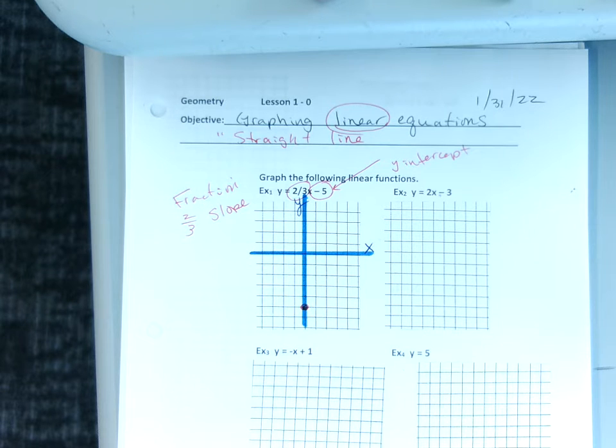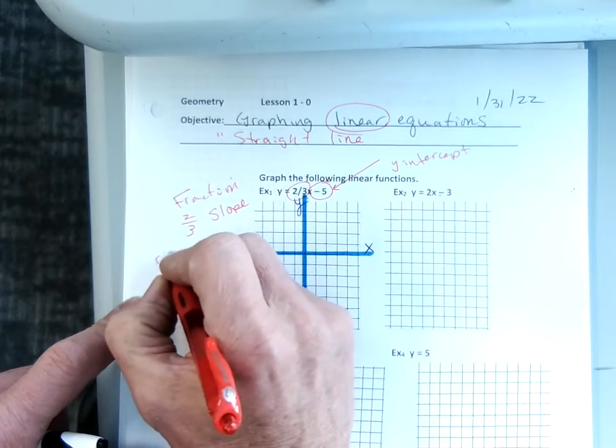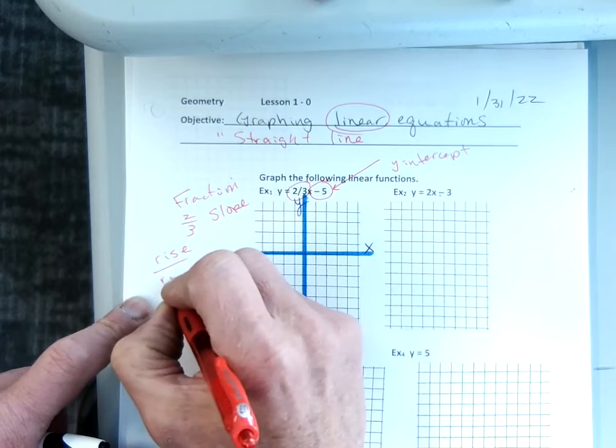We're going to go up 2 over 3, and draw a line, okay? Because this is called our slope, and it's rise over run.